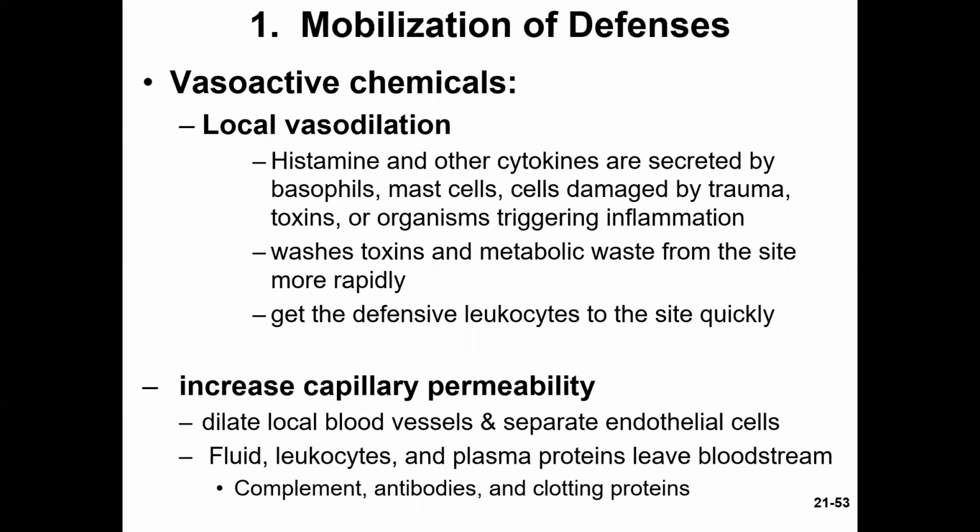It washes toxins and metabolic waste from the site more rapidly. Get the defensive leukocytes to the site quickly also. So it increases capillary permeability, dilates local blood vessels, and separates endothelial cells. Fluid, leukocytes and plasma proteins leave the bloodstream, like complement, antibodies and clotting proteins.